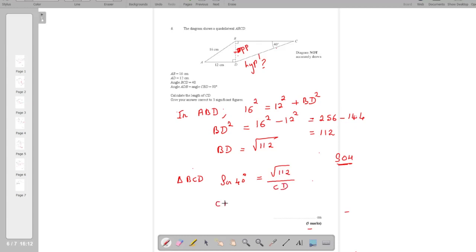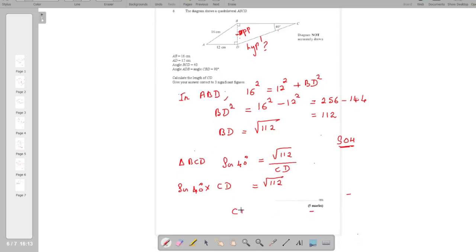So to find the CD, we cross multiply. CD times sin 40 is square root of 112. Therefore CD will be square root of 112 divided by sin 40.